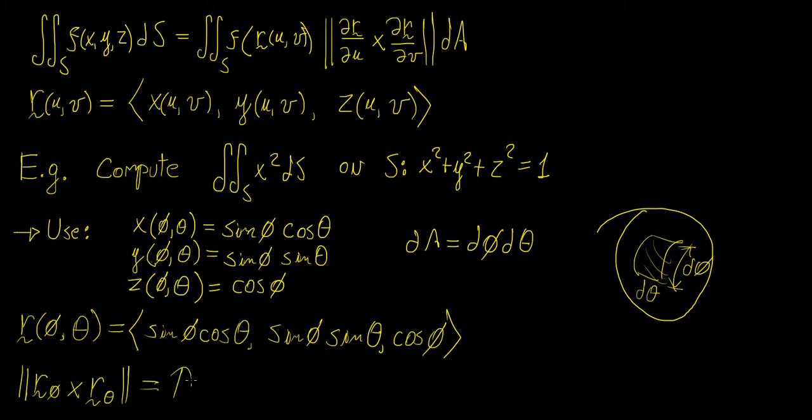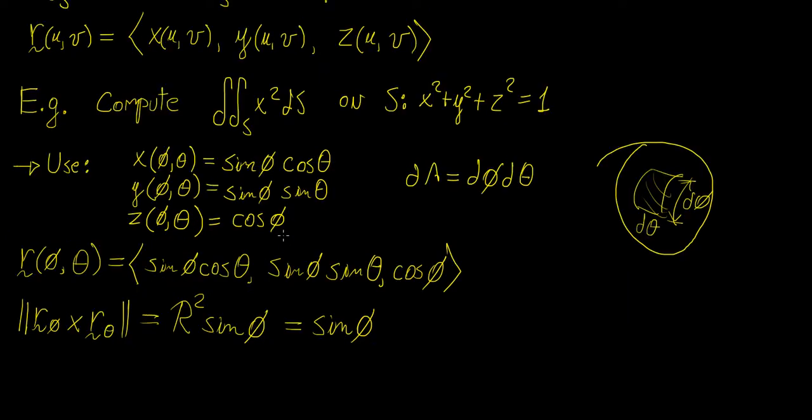We found that it was r squared times sine phi. But in this case, the radius is given as 1, so this is actually just going to be sine phi. This was a rather long derivation, so I'm not going to derive it again because we just did it in the previous video. But this is essentially what this quantity is going to become. So now all we need to do is plug in everything in here.